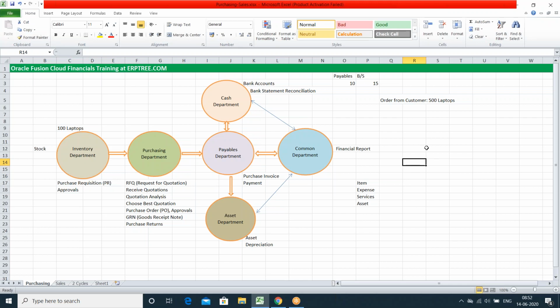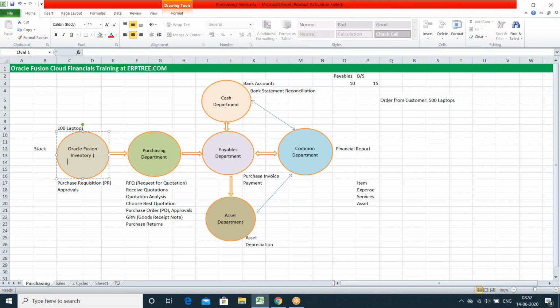Now, to do the same activities in the Fusion applications, Oracle offers a separate application for each and every department. For the inventory department, to maintain the stock, raise the purchase requisition, get the approvals and do many inventory related activities, we have an application from Oracle called Oracle Fusion Inventory application.